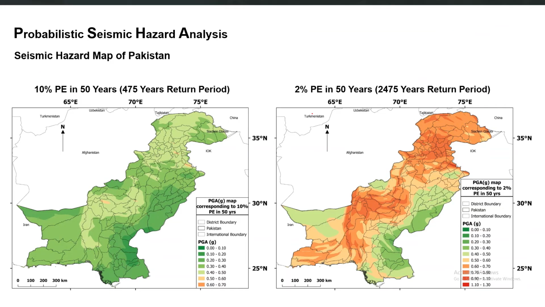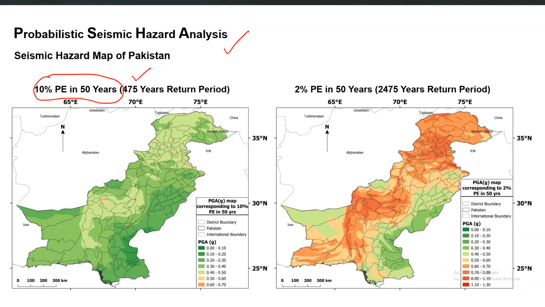Here you can see, for example, the results of the probabilistic seismic hazard analysis of Pakistan. This is the map corresponding to 10% probability of exceedance in 50 years, corresponding to a 475-year return period.